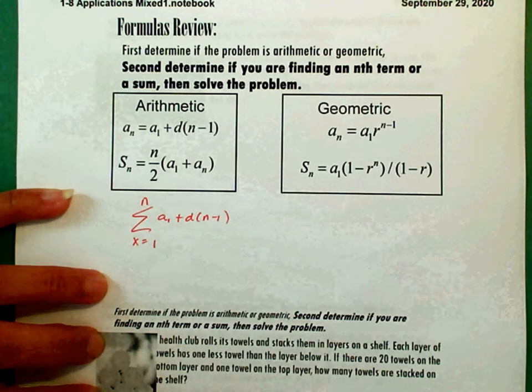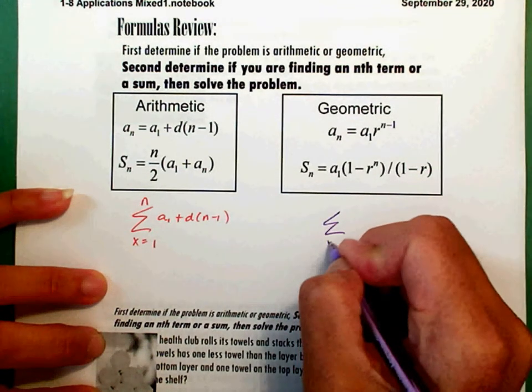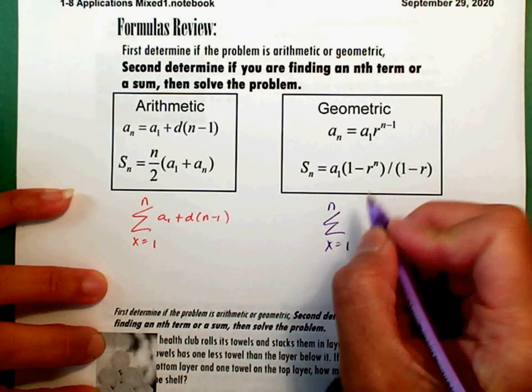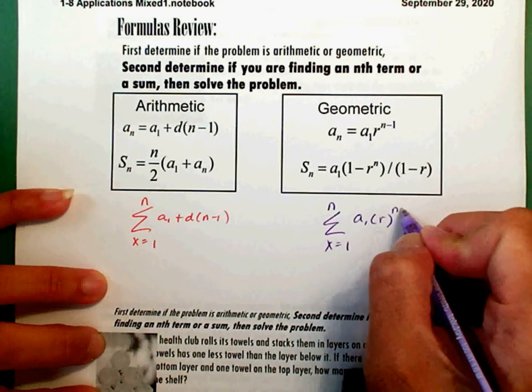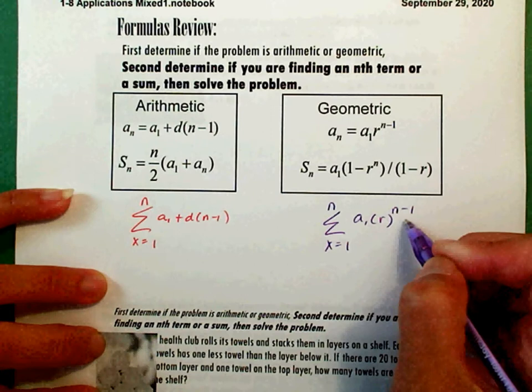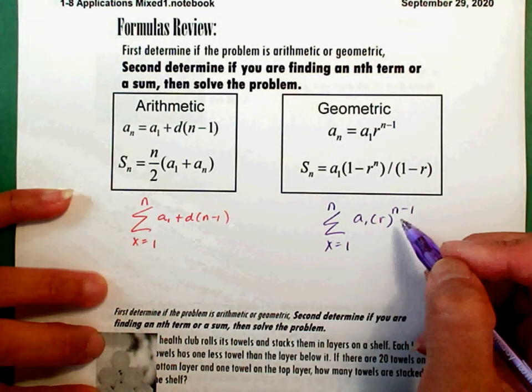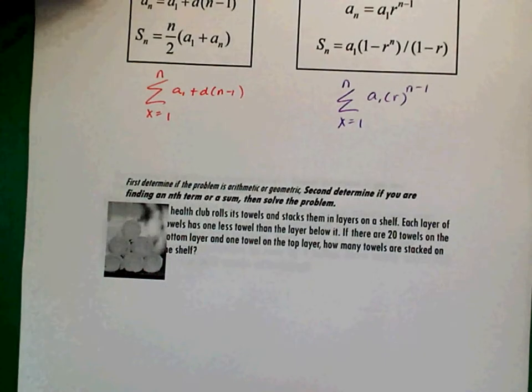For your geometric sigma, same thing. x equals 1, goes up to n, and then you have your geometric explicit formula. Like the one before, you put an x or an n here when you type it in. You do not put a number here. All right, so let's take a look at the first example.